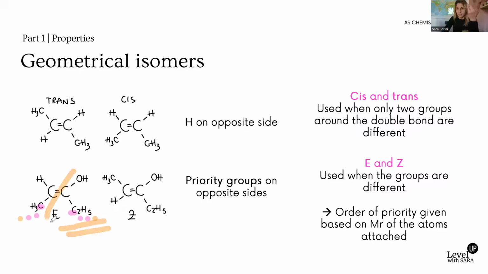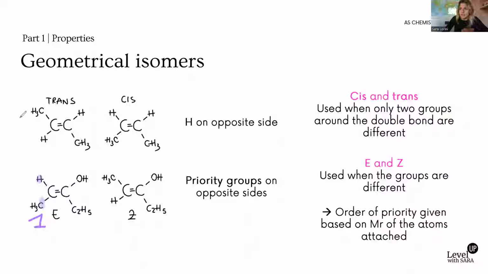Obviously, you're comparing the priority on the same carbon. I'm just showing you on the same carbon, because you need to give the priority around the double bond, 1 and 2. But it's just to show you how to compare it. So in this case, let me do this example for you. If we compare carbon and hydrogen, of course, carbon is priority, so this will be our number 1 priority.